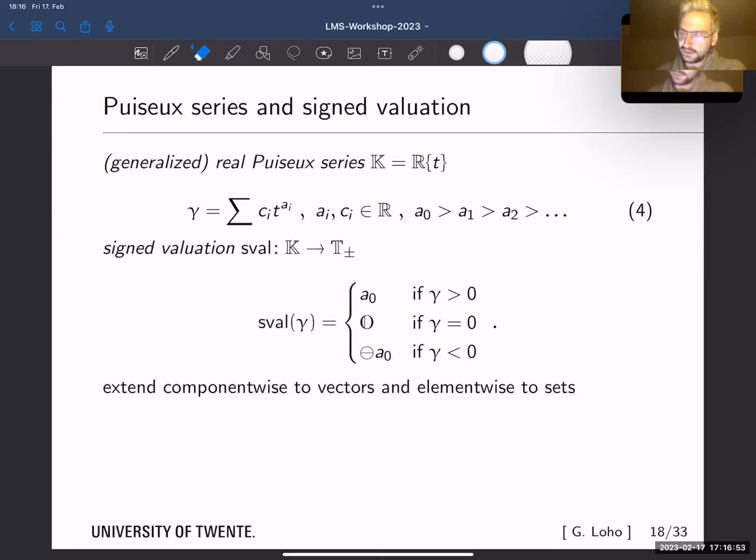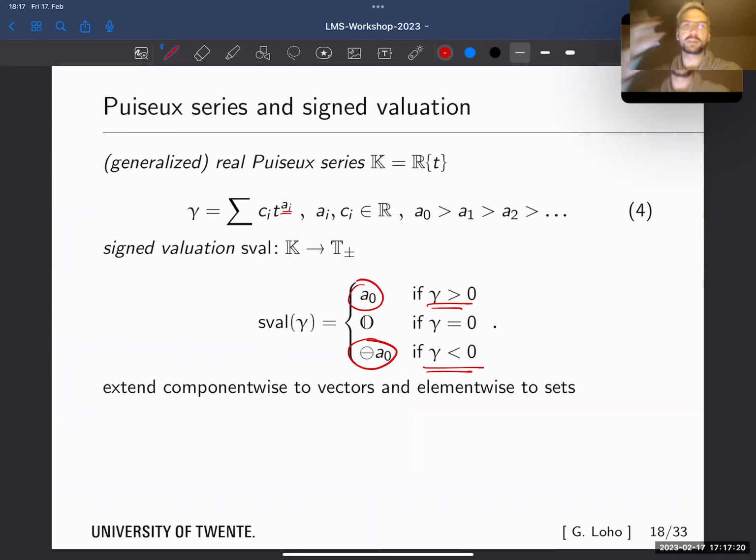So we take the exponent, but the sign of this thing is now the sign of the leading coefficient of this series. So the sign valuation is, as always, extended componentwise to vectors, and then elementwise to sets. Okay, and this is what is used for sign tropicalization.